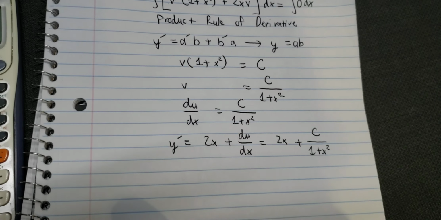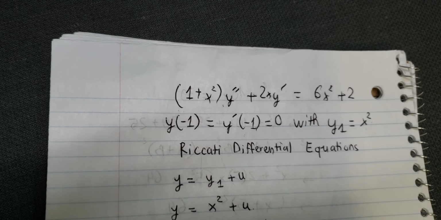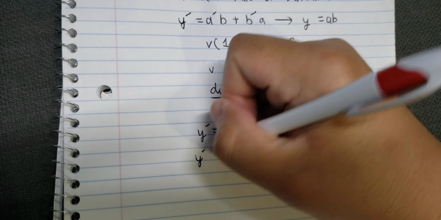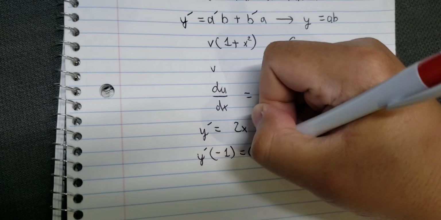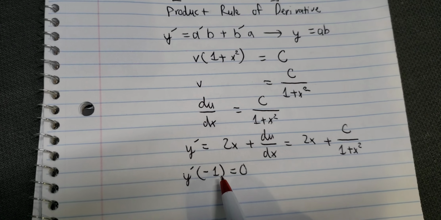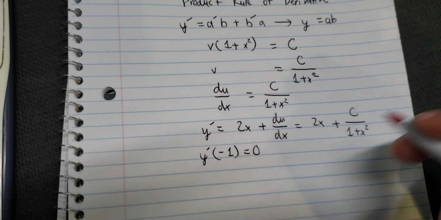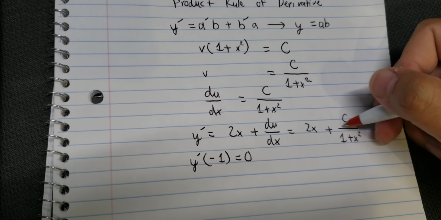Now we have the condition. That is this one. So in this case, we put negative 1 for s in this one, to find the value of c.